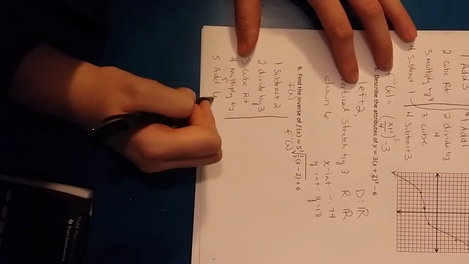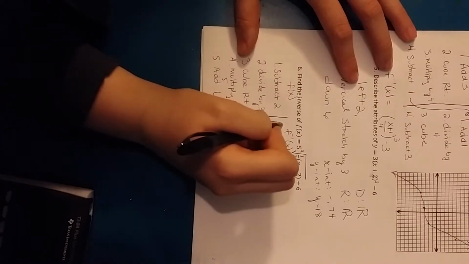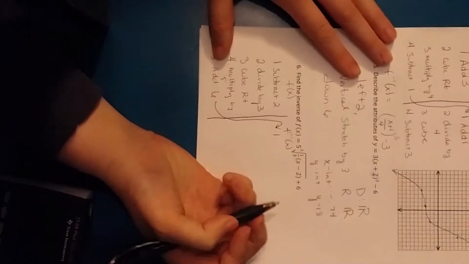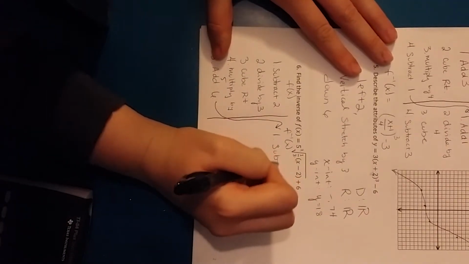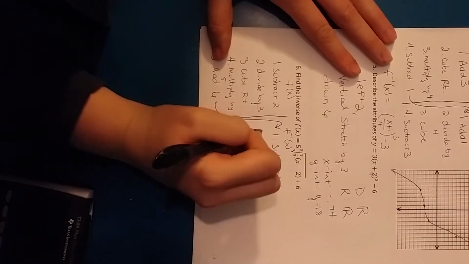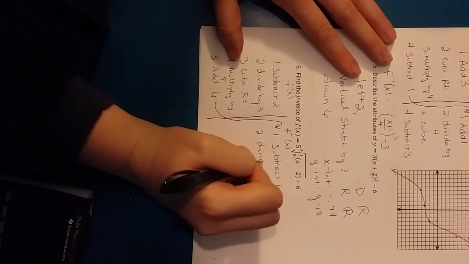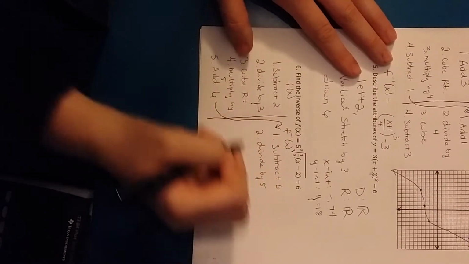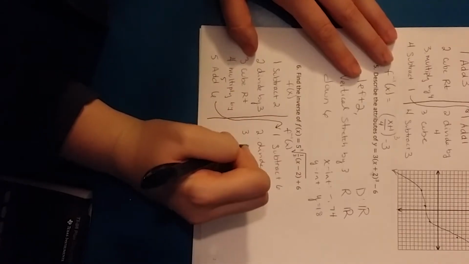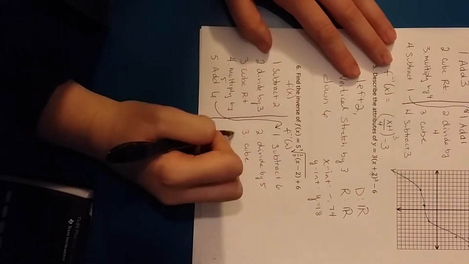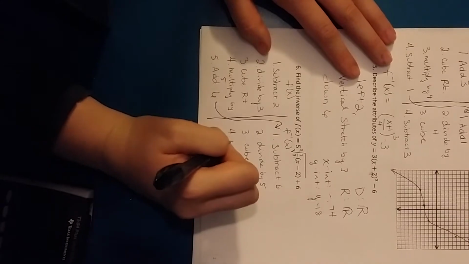So my inverse, I'm going to start with the last thing I did and undo that. So my first step for the inverse is going to be subtract 6. Divide by 5. Cube. Multiply by 3.